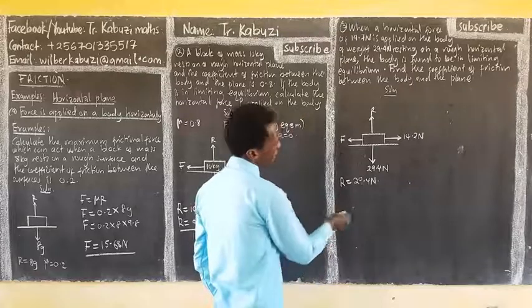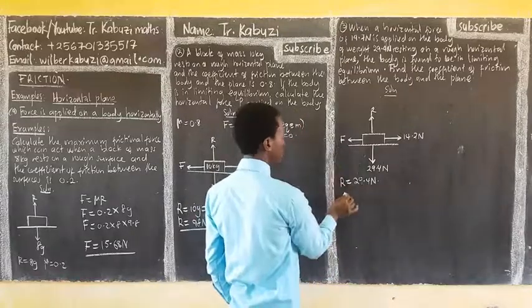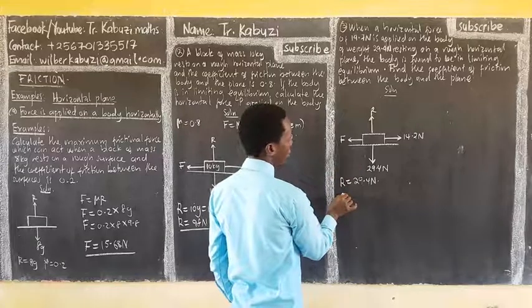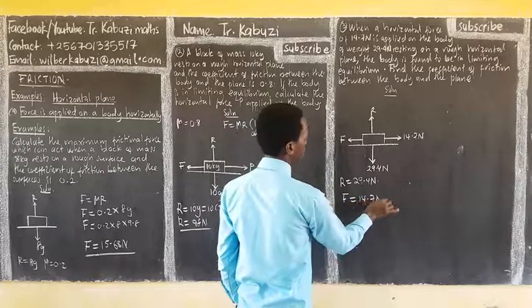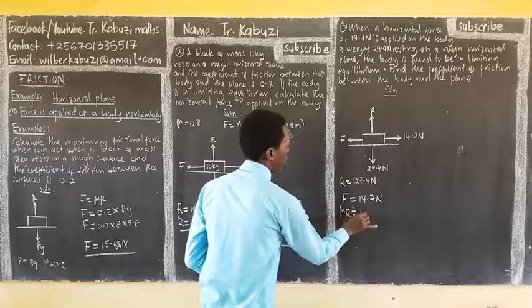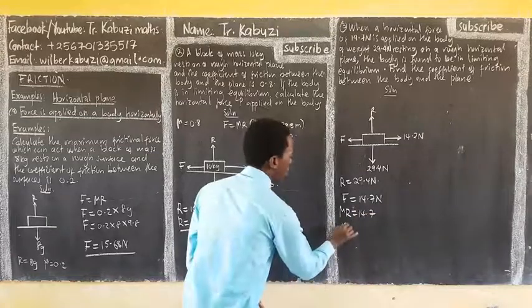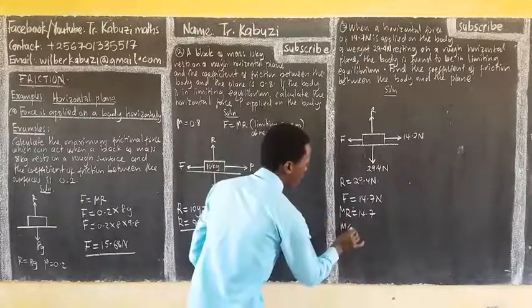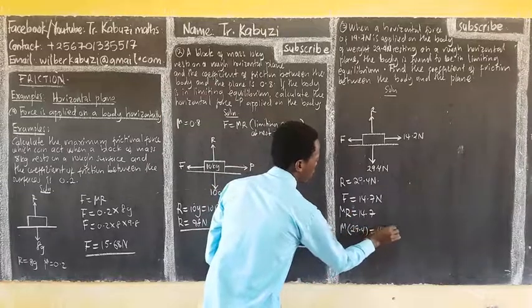After getting that, you know that now our F is equal to 14.7 newtons, but our F is mu R equal to 14.7. We have our R, so we have mu into 29.4 equal to 14.7.